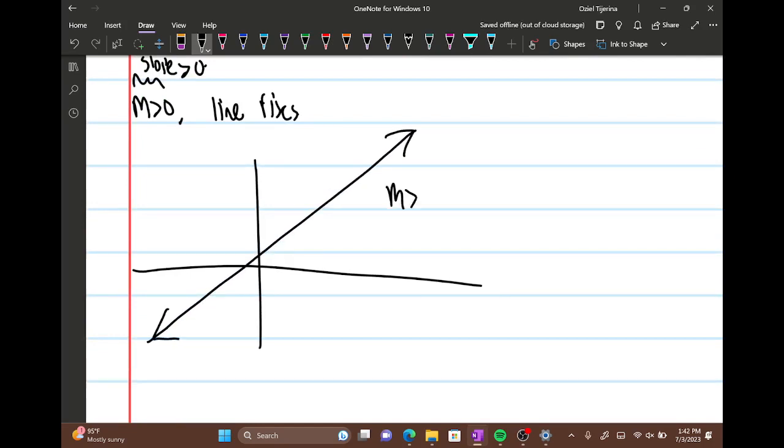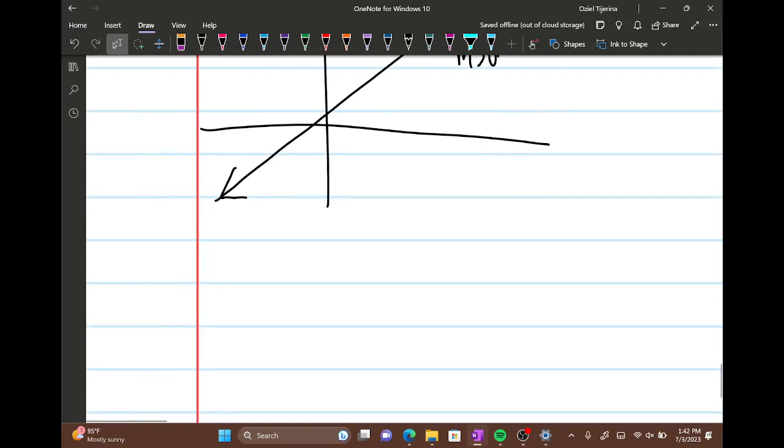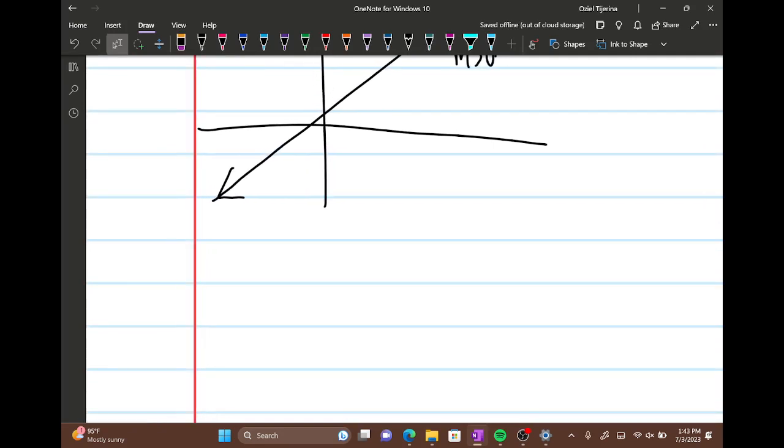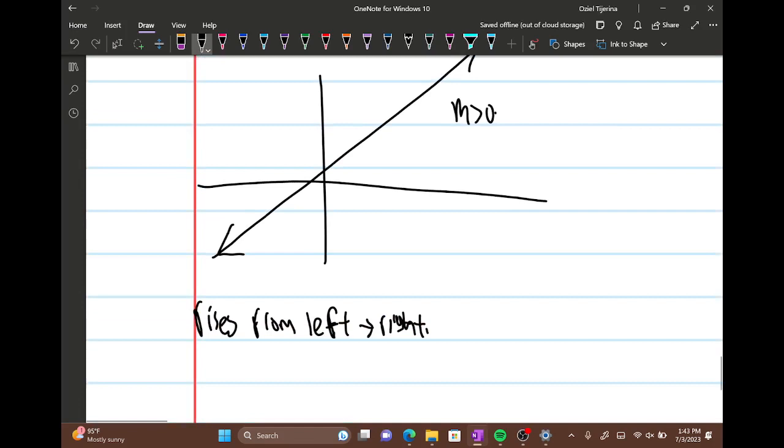This is when m is greater than 0. So these are a few key points I want to make very clear. It basically rises from left to right. Sorry, I can't write today, guys. And so that's the first part, the features of a slope.